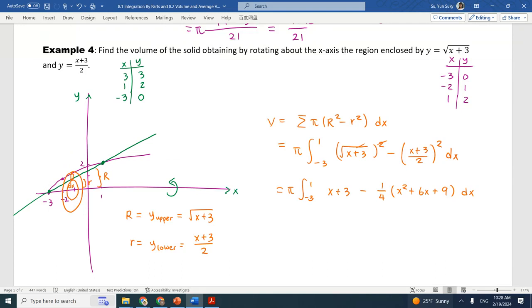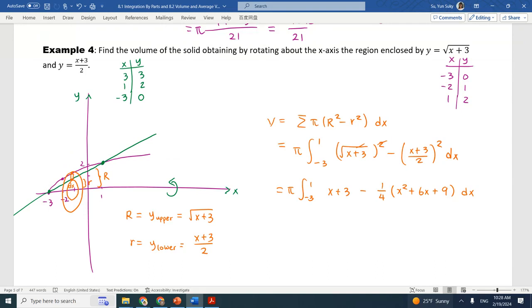Okay. Do you like to work with fractions? I don't like to work with fractions. So what I can do is either separate them and then work on this and this respectively, or you can multiply this by 4 and divide it by 4.